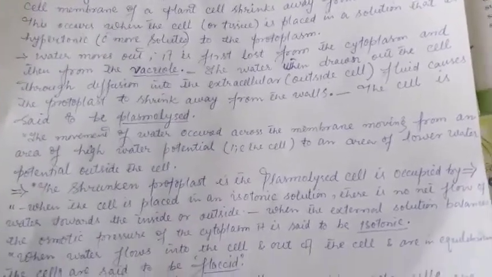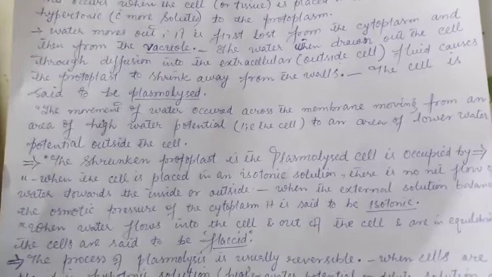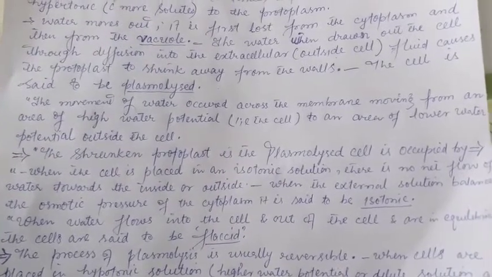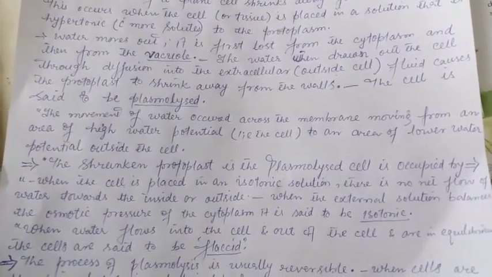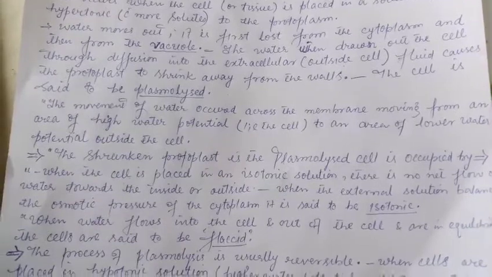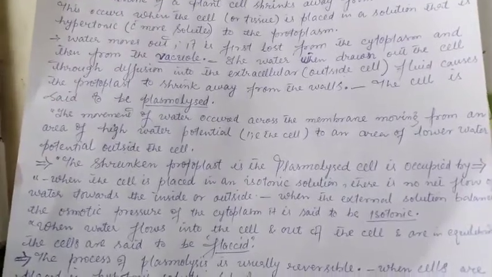When the cell is placed in the isotonic solution, there is no net flow of the water towards the inside or outside. The external solution balances the osmotic pressure of the cytoplasm. It is said to be isotonic, that means of similar concentration inside and outside the cell.